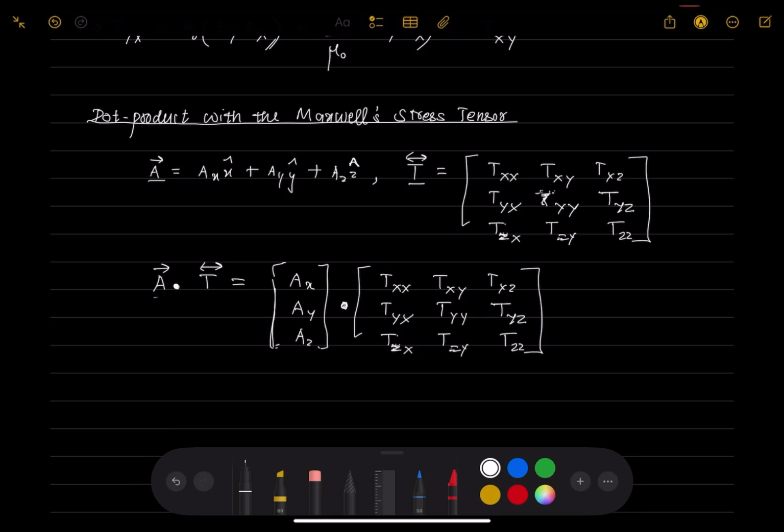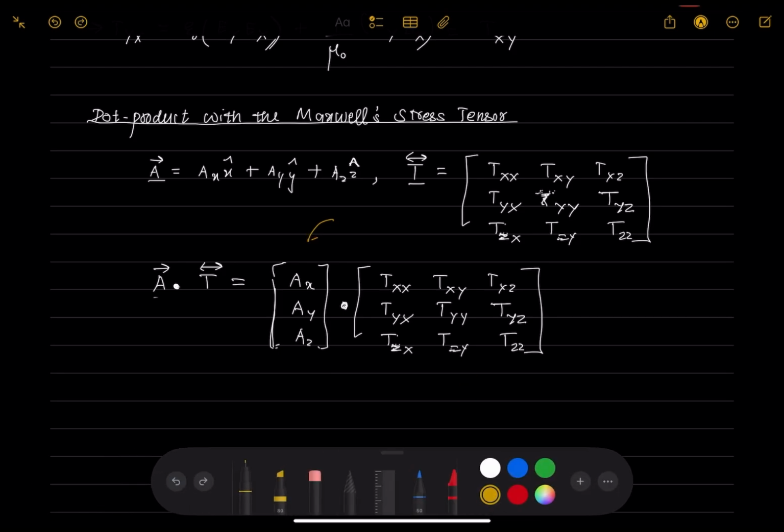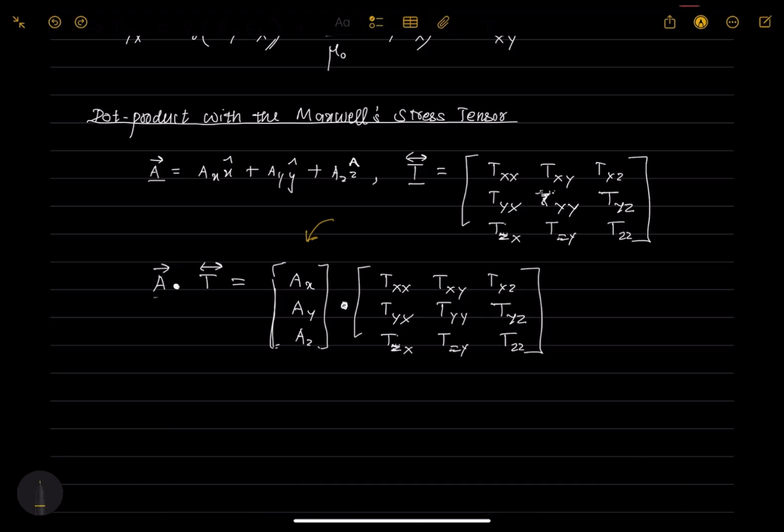So what exactly does it mean to take the dot product with a vector and the Maxwell stress tensor, or just the tensor? There are 2 ways to write this in notation.